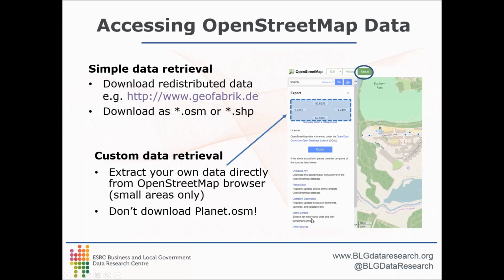But you can see that, for example, there's a link to GeoFabrik downloads, and sometimes if you only want a subset for a particular country or some cities, those links are quite good ways of accessing the data. So that's a way of getting at open source data, and for many types of application that is a really useful resource, and you can do an enormous amount with it.